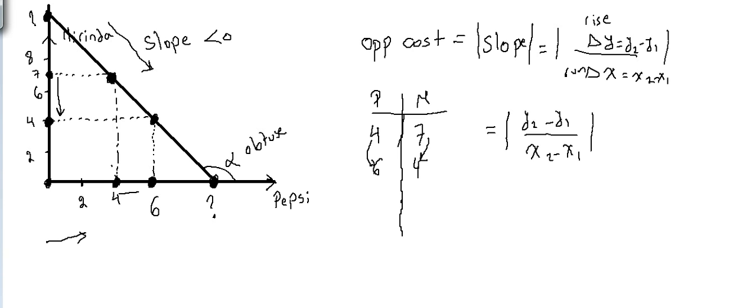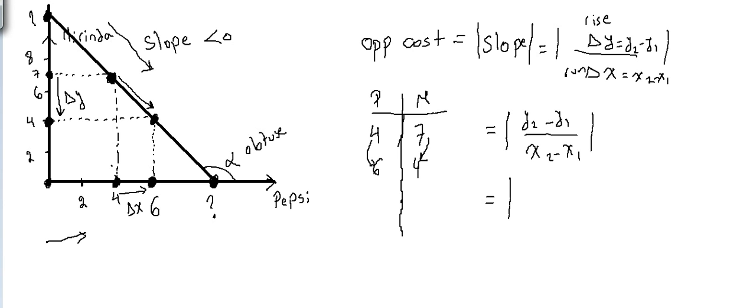We're going to the right, which means positive. Down means the rise is negative. The run is to the right, so it's positive, and the rise is downwards, so it's negative. To ensure that the opportunity cost is a positive magnitude, we have to put it in absolute value.